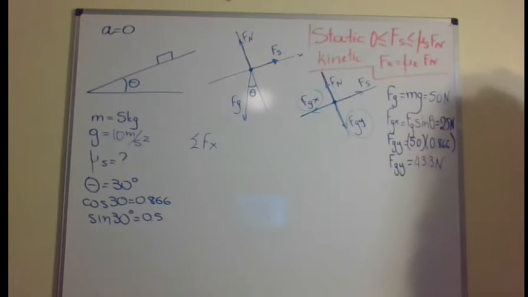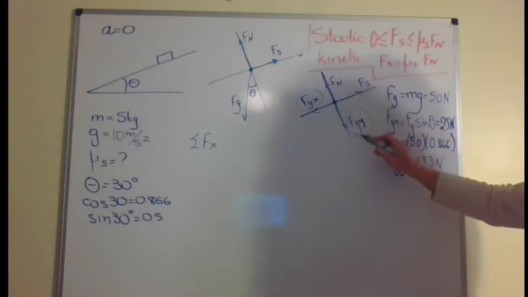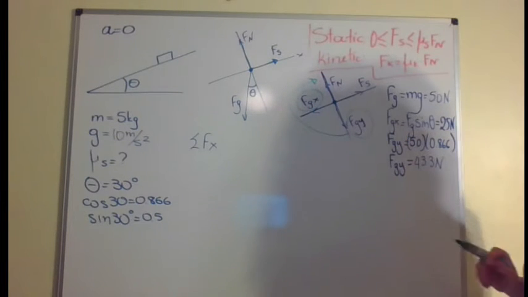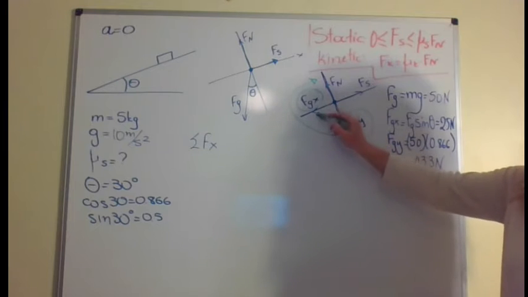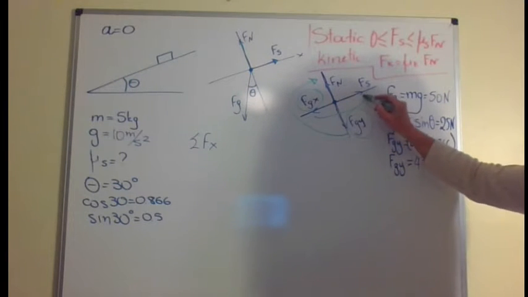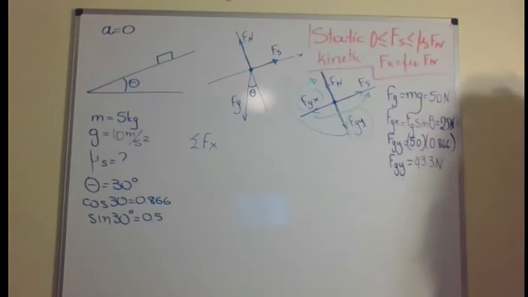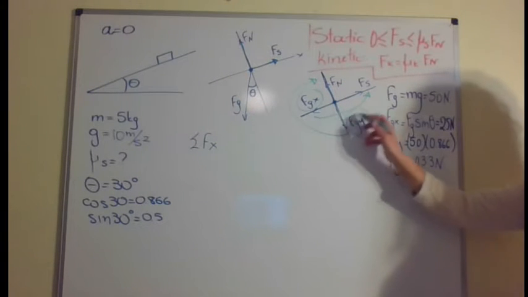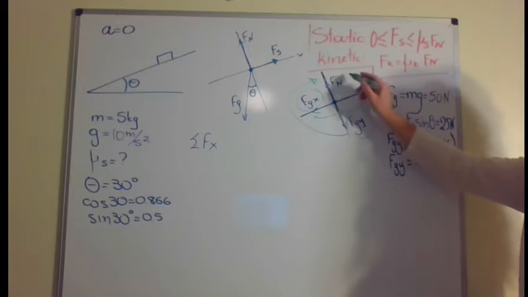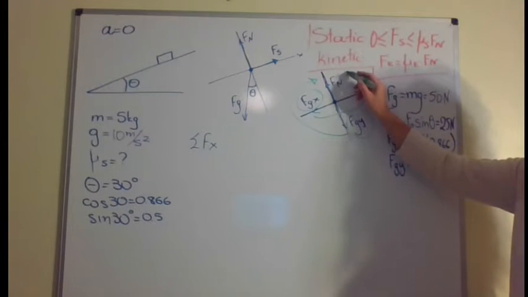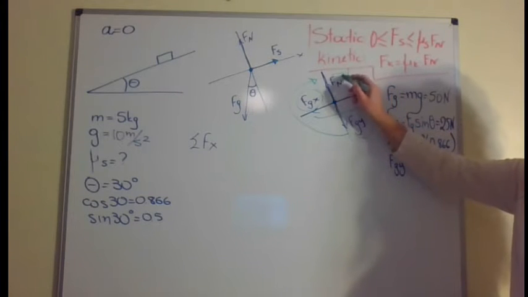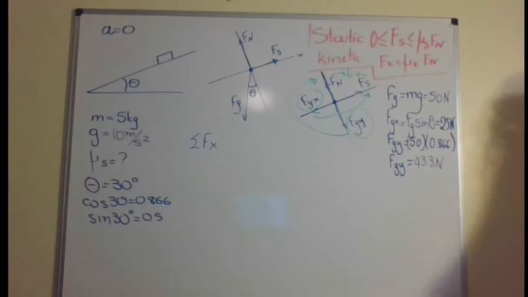So how am I going to use them? From Fgy, I will be able to find the other force on the y-axis. From Fgx, I will find the other force on the x-axis, and from these two, I will be able to find the coefficient of friction. This is what I'm going to do.